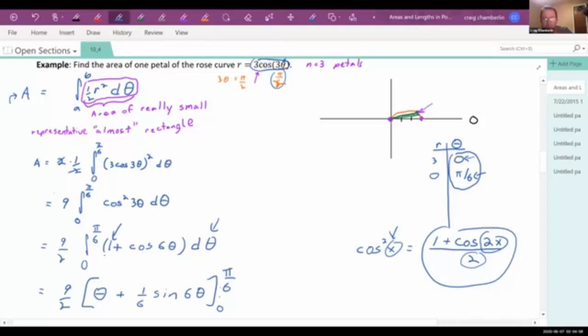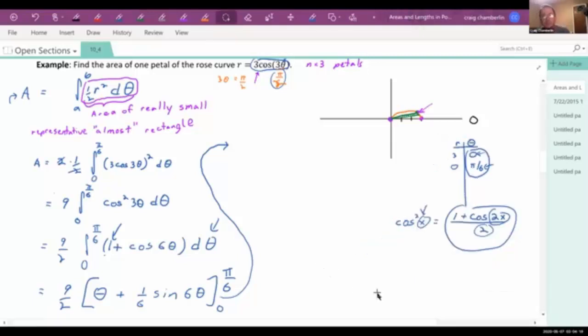Let's see if I can squeeze the remaining right here. I try to keep everything on one screen for you so I don't scroll too much. Okay, so let's go ahead and plug in the pi over 6 for theta. So fundamental theorem of calculus.